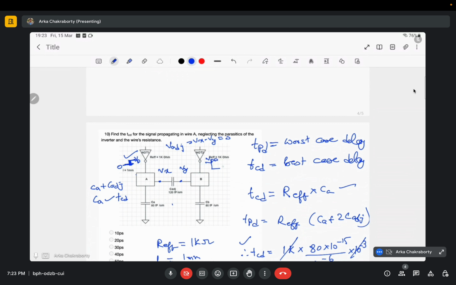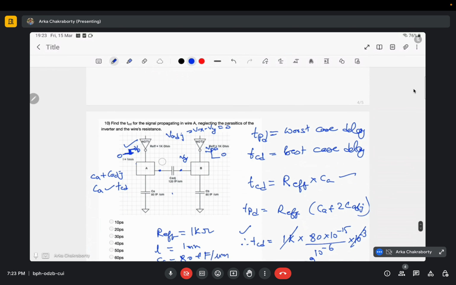Now initially, if this voltage is Vx and this voltage is Vy, what if it was 0.2 volt, and this was also 0.2 volt, because it is going from 0 to 1, and it was also going from 0 to 1. Now if Vx is 0.2 volt, how much would Vy be?